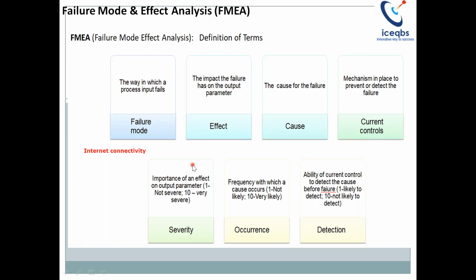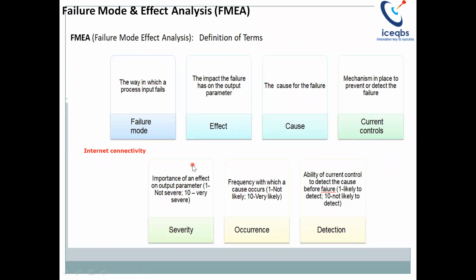In this case, whenever there is an internet connectivity issue, say, for example, now I'm talking to you, and suddenly I find the internet connectivity issue is there. That means I'm going to be totally disconnected from you. And I am not sure whether the internet is going to be restored within 5 minutes, or within 1 hour, or within 5 hours, or 1 day.